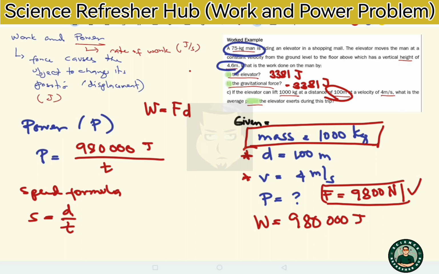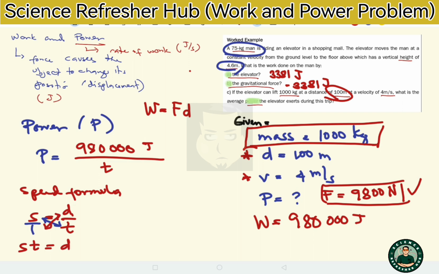We have time here. Okay, and to get the time, we will just derive it by cross multiplying the variables. We have s over 1 here. So we have the speed times the time equals displacement times 1.